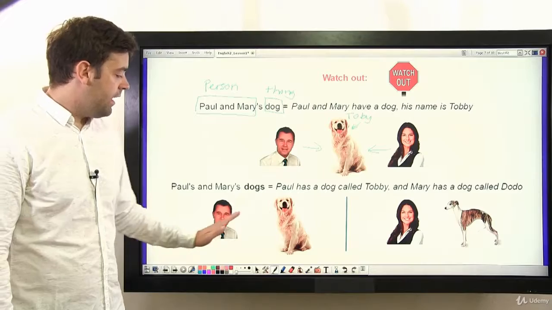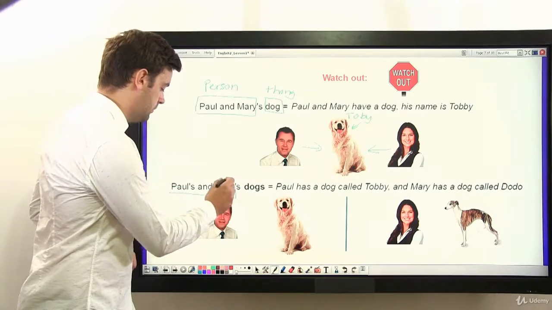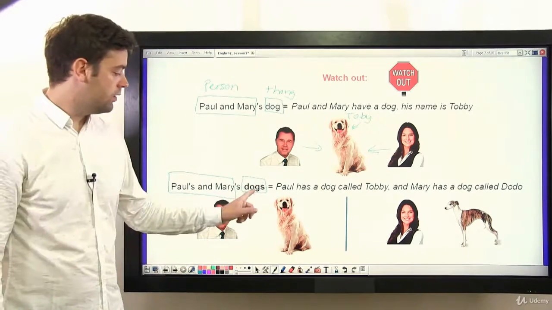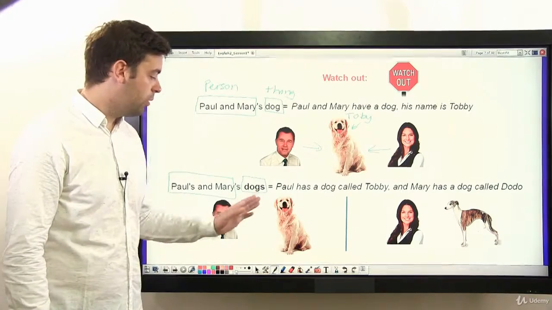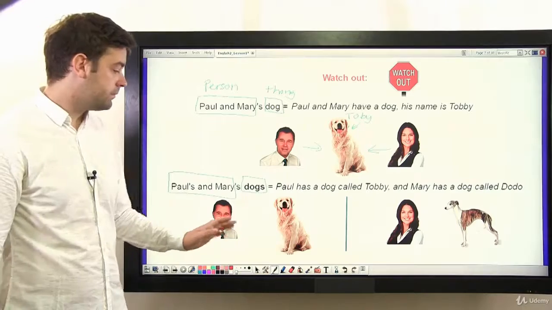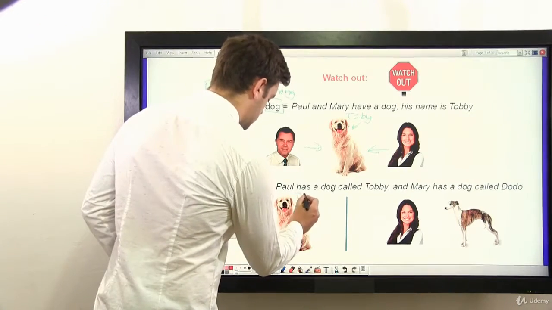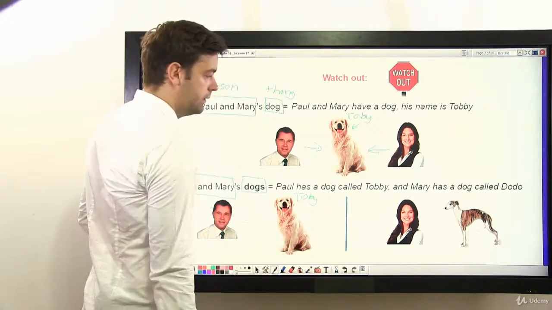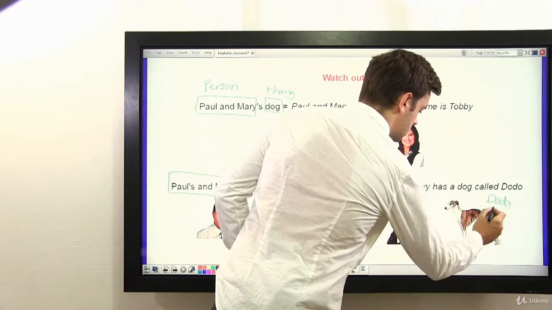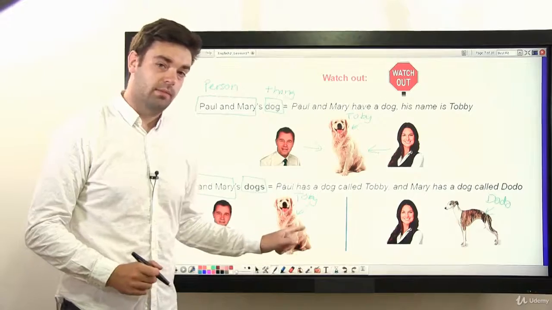It gets a bit different if we're talking about two dogs. So we've got plural there. So we have plural of something. This can mean Paul and Mary's dogs. So these, Toby and Dodo, these are Paul and Mary's dogs.